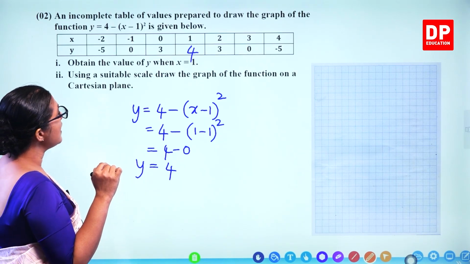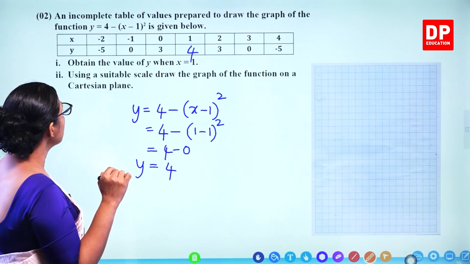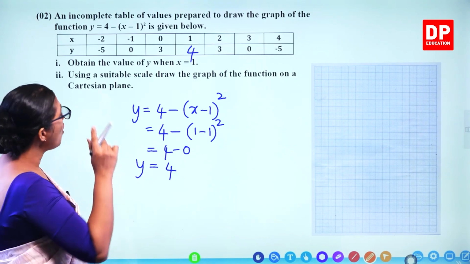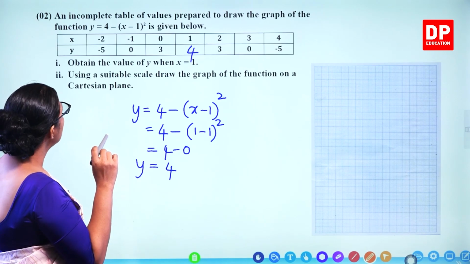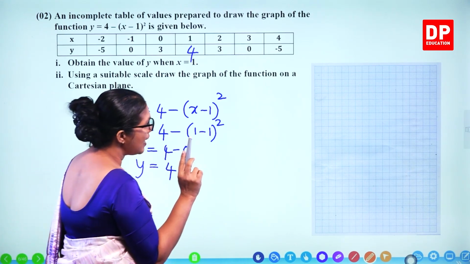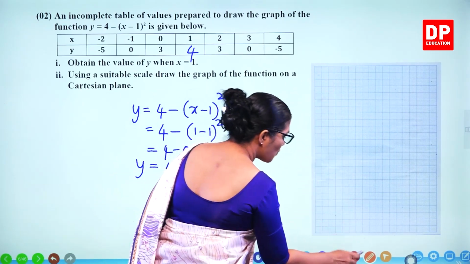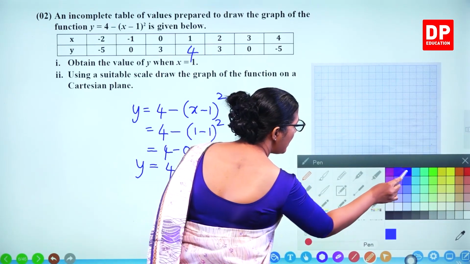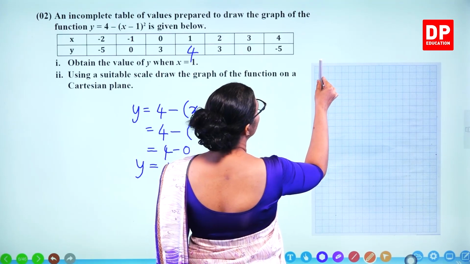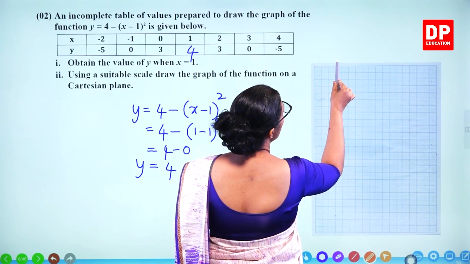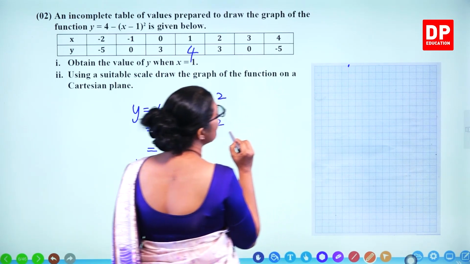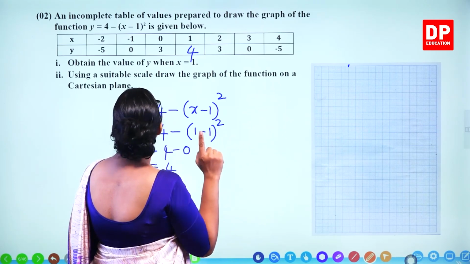Using a suitable scale, draw the graph of the function on a Cartesian plane. So we need to draw the quadratic graph. So how do you decide the scale? First see, minus 2 to 4 you have to mark. So we'll take one big square as 1 unit and then we'll mark like that. So here starting from minus 2, minus 2, minus 1, 0, and then you can mark 4.